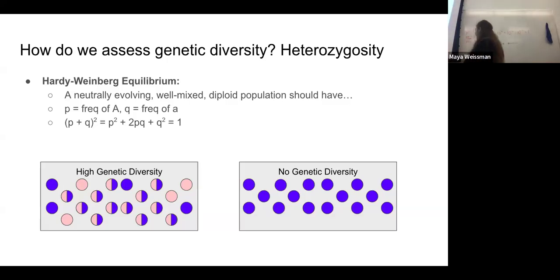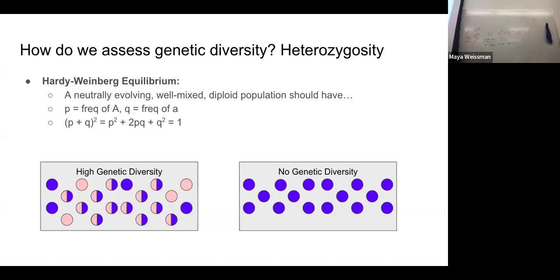If we were to say our expectation, the probability that you have one of these two alleles at one locus is P plus Q. The probability that you have them at the other locus, on your other chromosome, is also P plus Q. So the whole probability is going to be P squared plus 2PQ plus Q squared, which should equal 1.